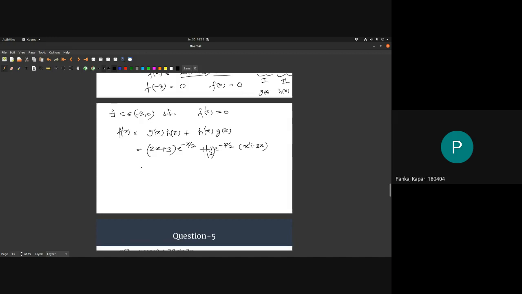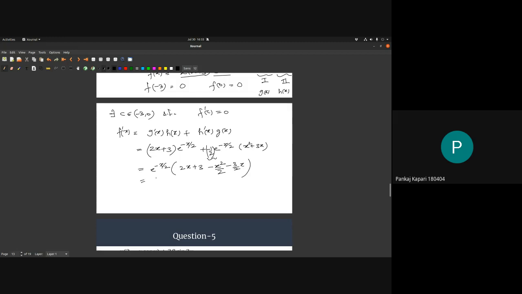Okay, we have to just find the value of f prime at c. So let's take e to the power minus x by 2 common first. What do we get? This is 2x plus 3, and x square by 2, because this minus half gets multiplied with this term, and minus 3 by 2 x.